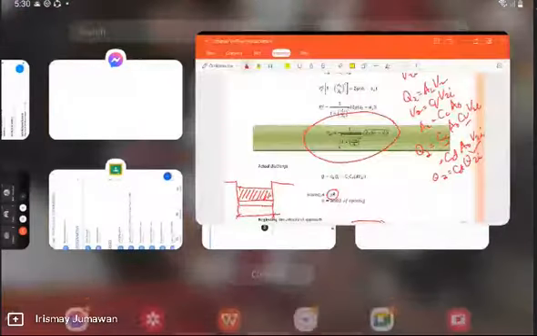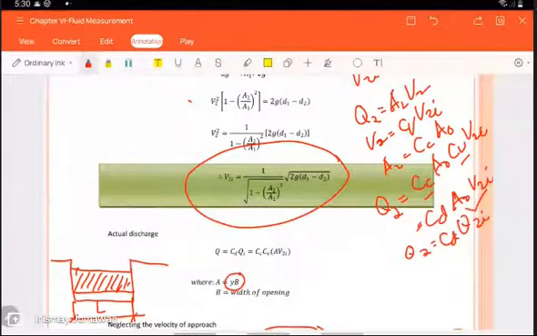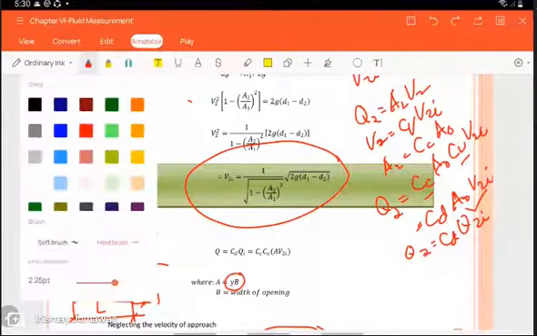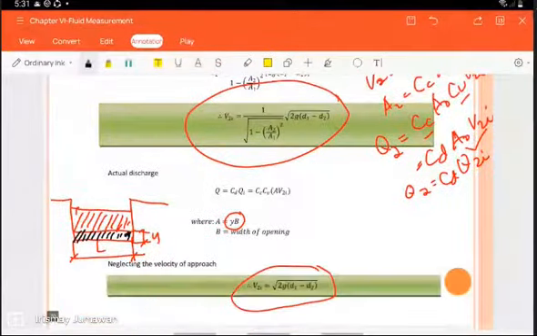So to get the area, that is y times b, the depth, because this is the area of flow. This is the water coming out. So that is y times b or y times l, because we assume that the length of the gate is equal to the width of the channel. That is more or less my imagination.